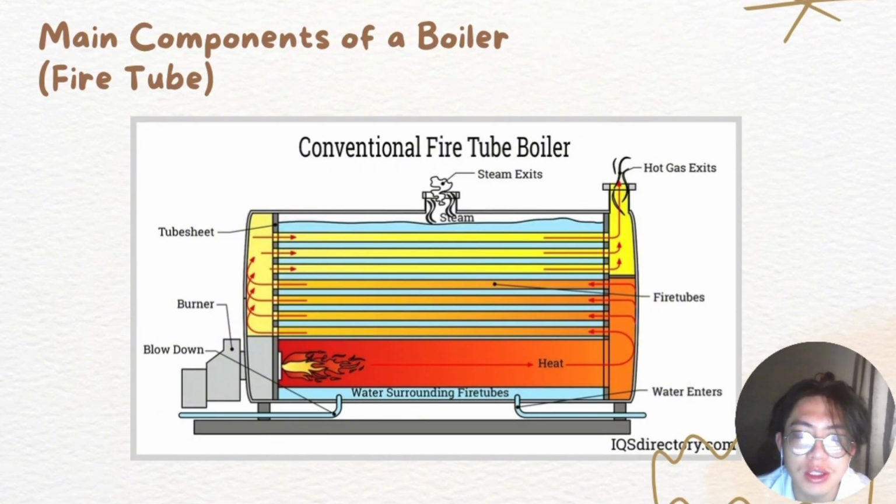As the steam exits, it will escape through the steam exit in the middle top of the boiler parts, and the hot gas will exit through the hot gas exit on the right hand side of the boiler.